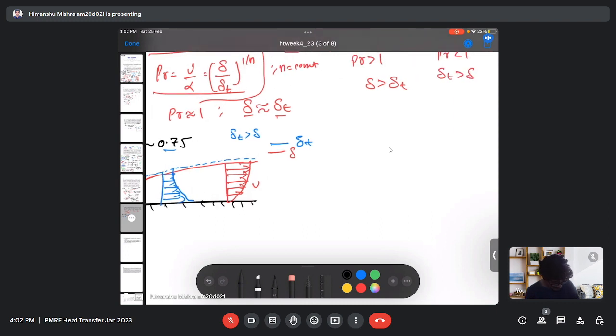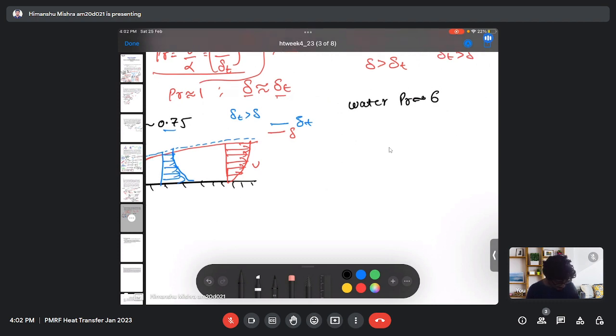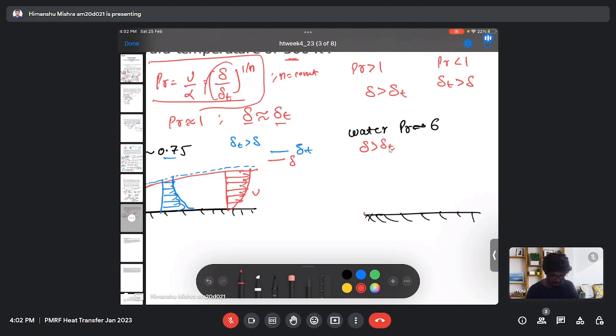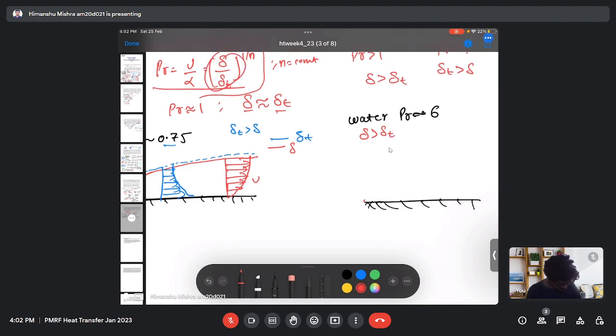Similarly, for the water, my Prandtl number is, let's say, roughly equal to 6, which means that my hydrodynamic boundary layer will be greater than my thermal boundary layer according to this relation. So this will be my hydrodynamic boundary layer, and this will be my thermal boundary layer.